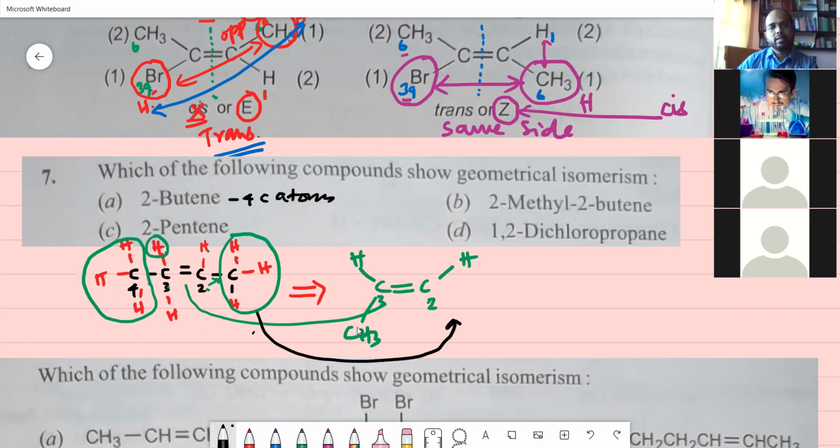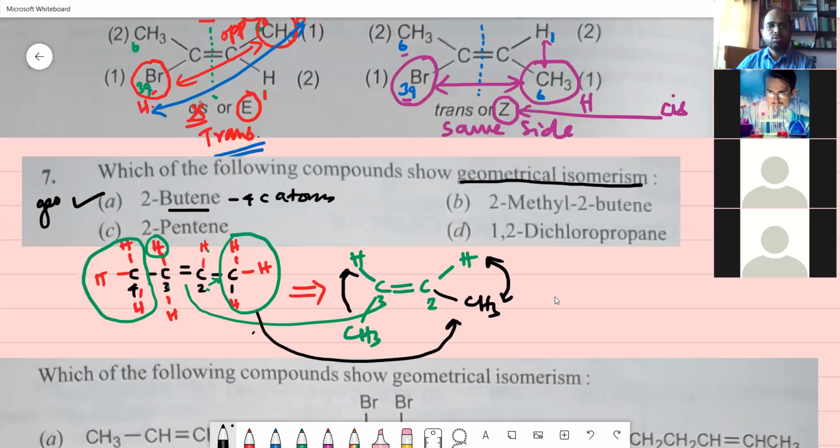So I'm going to write another CH3. So you can see that you can flip these two. That means A shows geometrical isomerism. 2-butene shows geometrical isomerism.